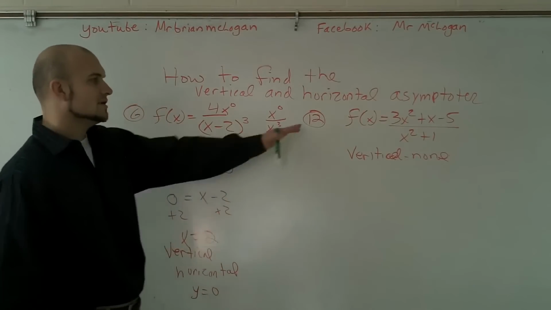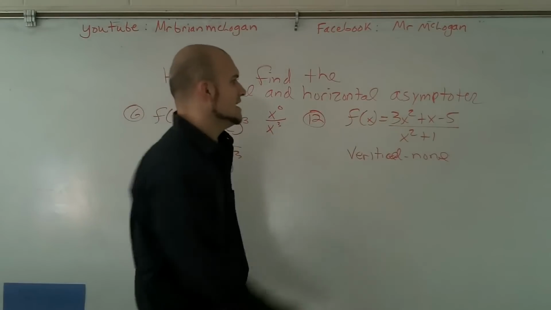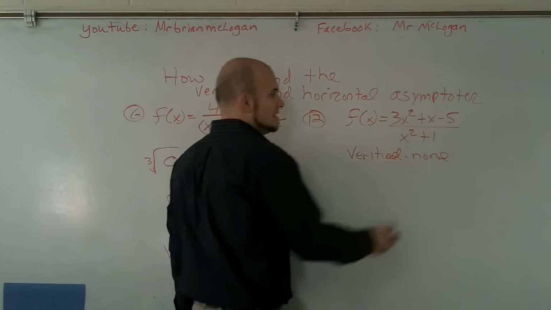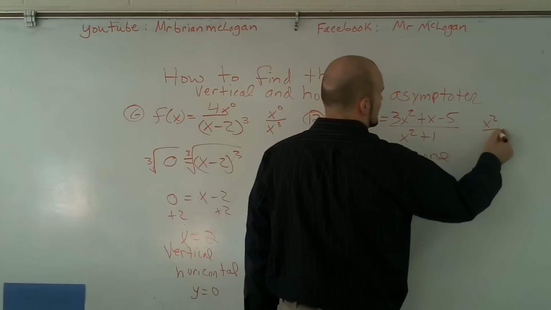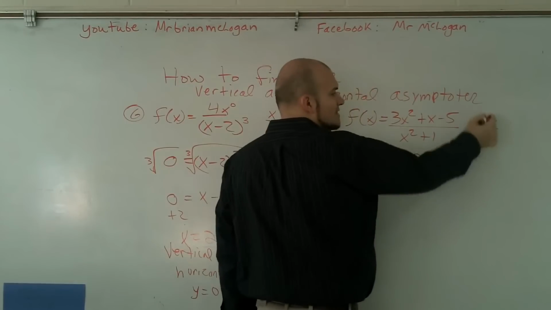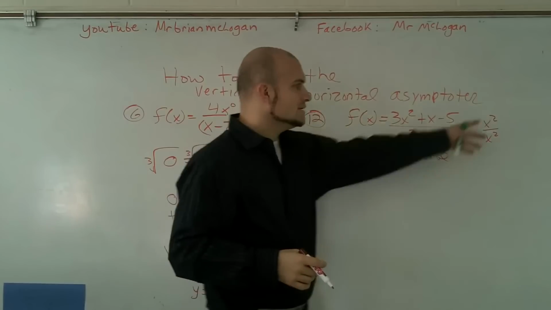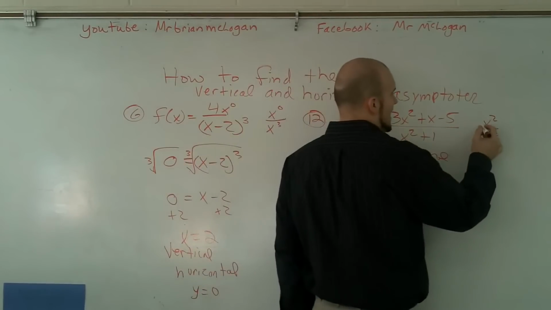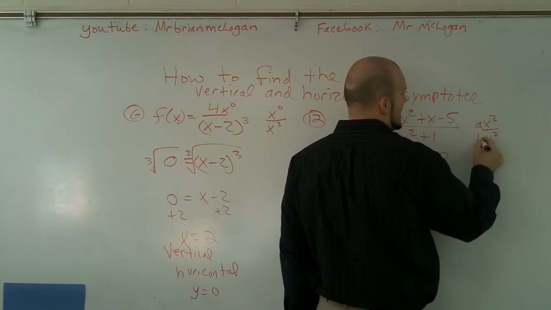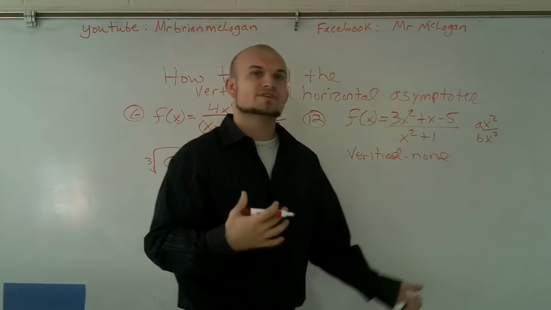All right? And then for number 12, we notice that we have x squared equal to x squared. So when I'm looking at my leading coefficients, these are equal to each other. We have A and B as their coefficients.